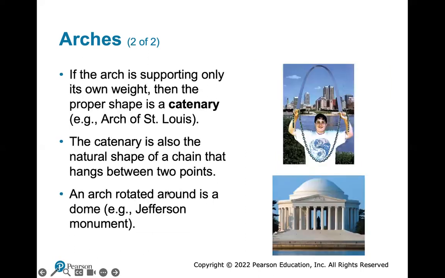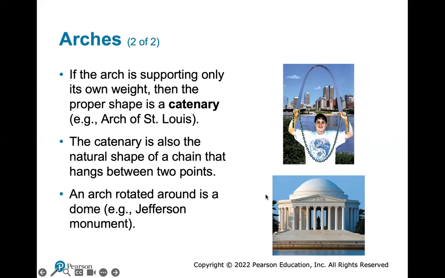If the arch is supporting only its own weight, then the proper shape is a catenary. Example, the Arch of St. Louis. The catenary is also the natural shape of a chain that hangs between 2 points. So you can see that this young boy holding the chain, it looks like a mirror image of the Arch of St. Louis.